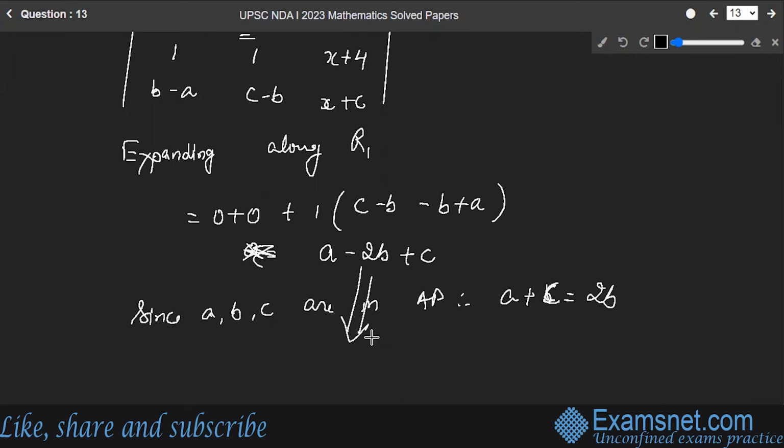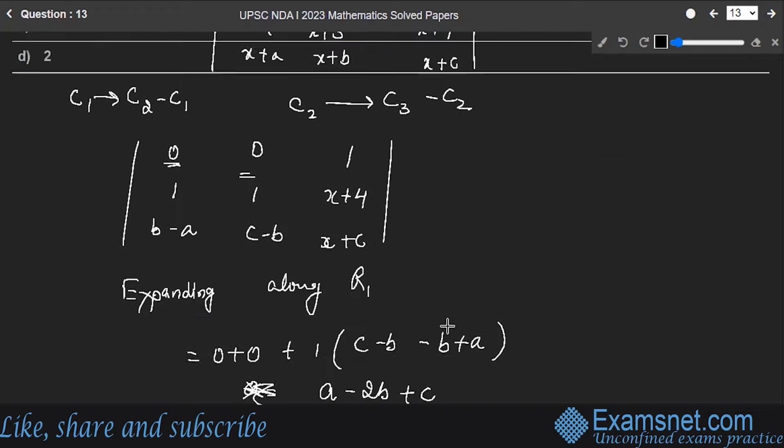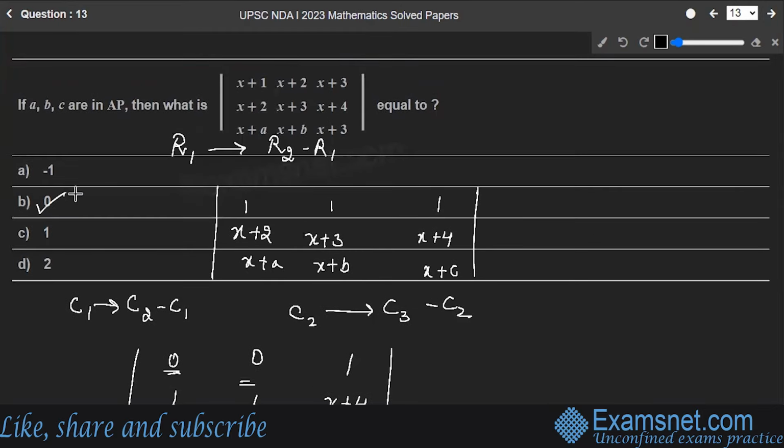So I'll come back to this one. This will be a plus c minus 2b, so 2b minus 2b, this is equal to 0. So the answer to the question is option B. Hope you understood. Next is question number 14.